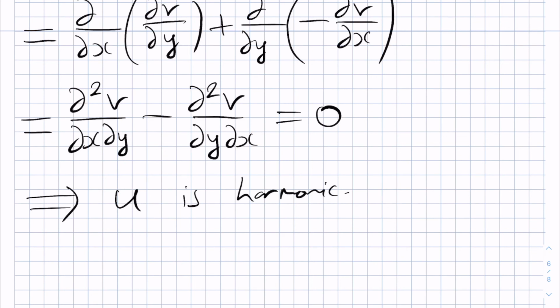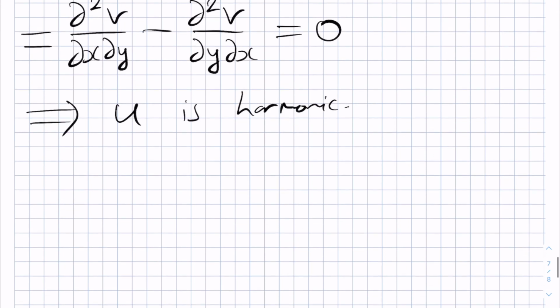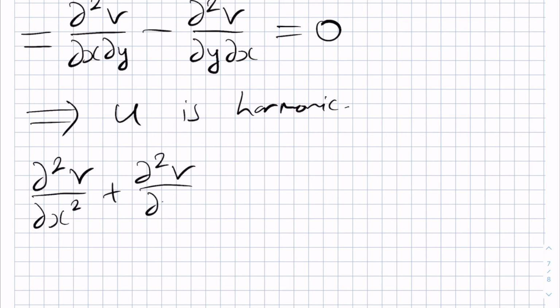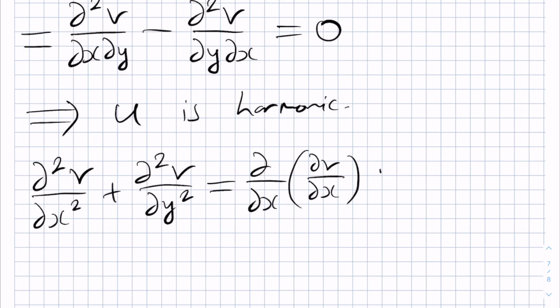Next, we can do the same for v, but let's go through it slightly faster. D squared v/dx squared plus d squared v/dy squared, we want to show is 0, but it is d/dx of dv/dx plus d/dy of dv/dy.